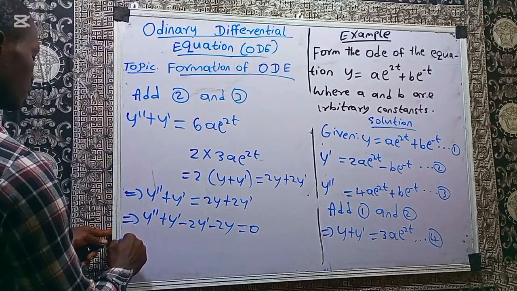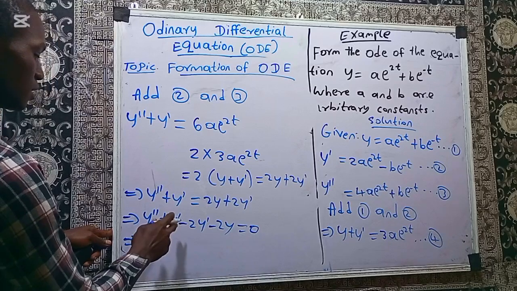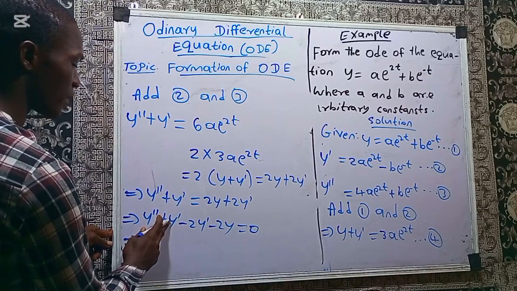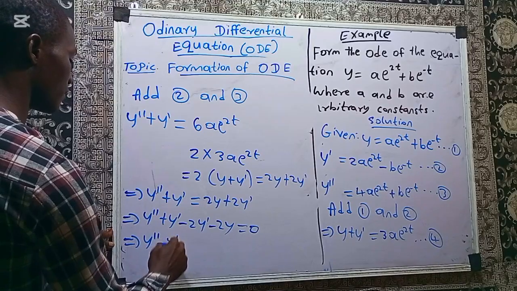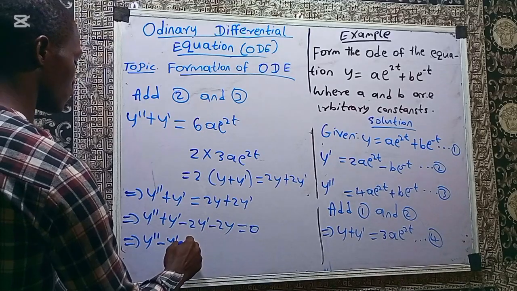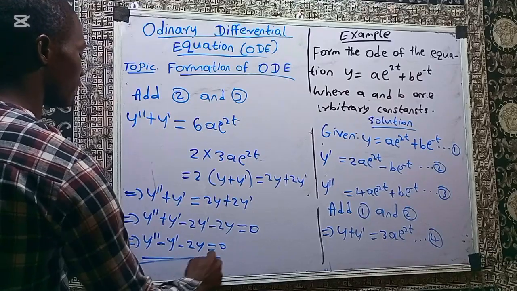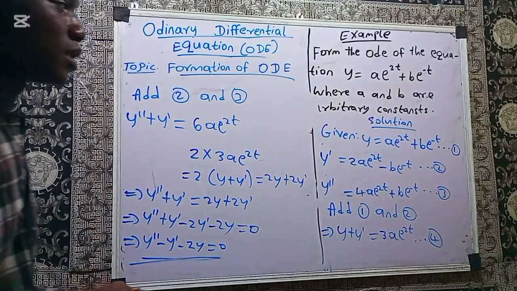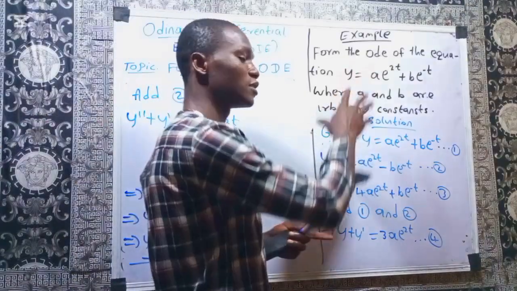So this implies y prime prime, y prime minus 2y prime will give you negative y prime, then minus 2y equal to 0. So with this we have formed the ODE associated with this given equation.